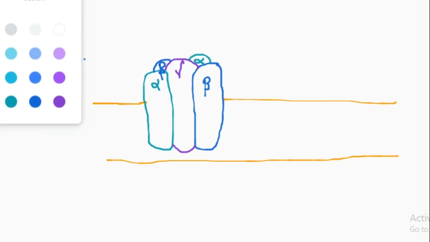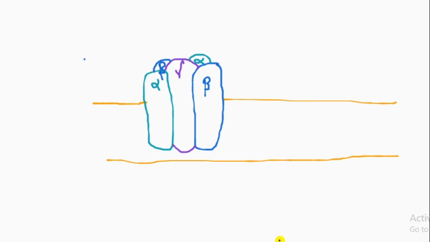Because the GABA is going to work here. The GABA has its binding site between alpha and beta. This is where GABA is going to work.